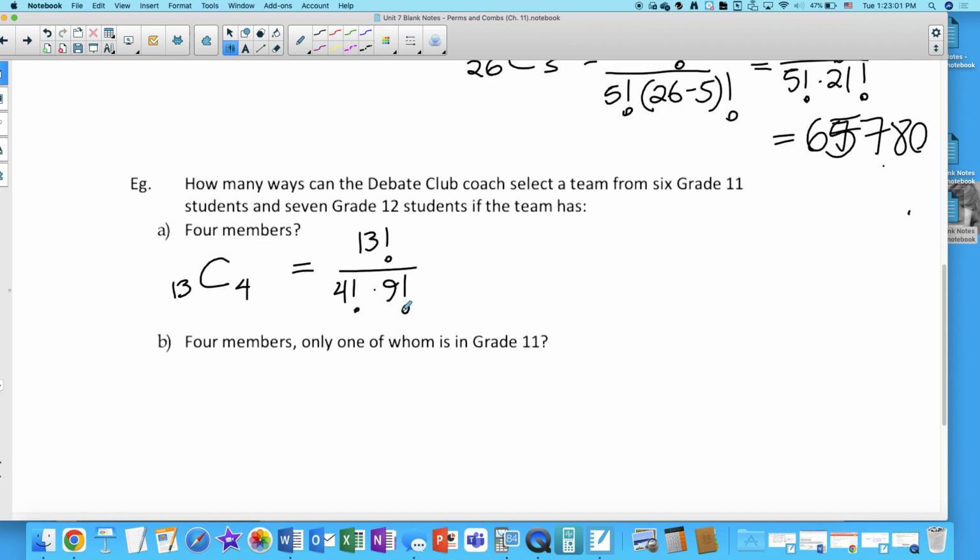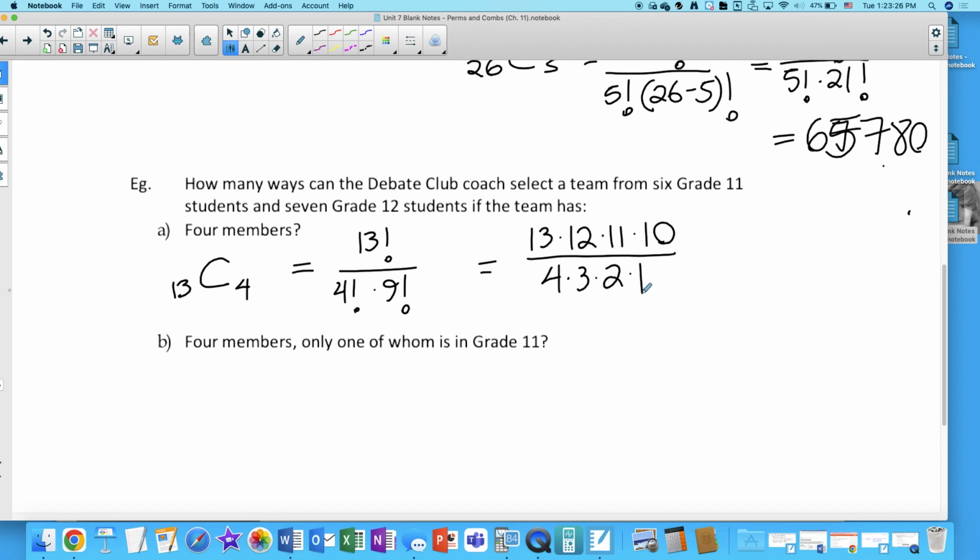For this kind of thing, I find it easier to do on paper than to take out my calculator and punch it out, because I know that everything from 9 down is going to cancel here. So what I would do is go 13 times 12 times 11 times 10. Now, 9 down will cancel with that. And then I just go over 4 times 3 times 2 times 1.